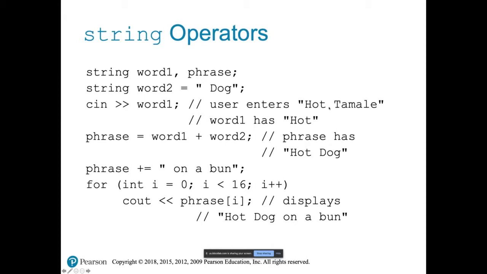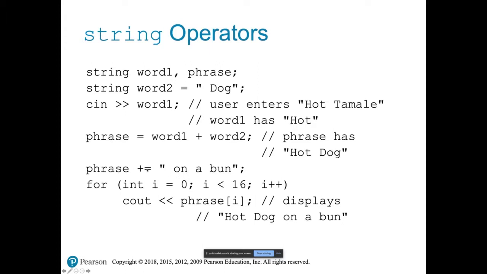This is not getline, this is cin. So word has just hot in it. So now they're using word1, which is now hot, using the addition operator, word2, which is space dog, and assigning it to phrase.